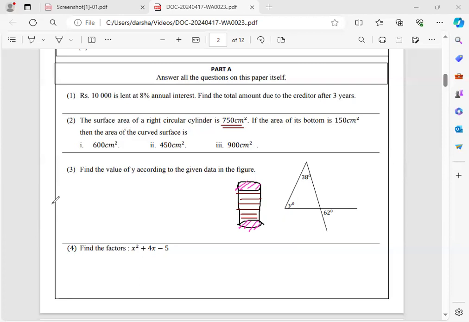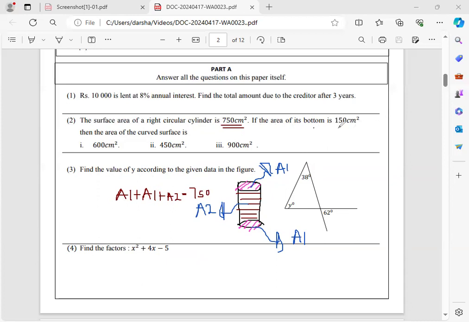Then I can write an expression: A1 plus A1 plus A2 is equivalent to 750.